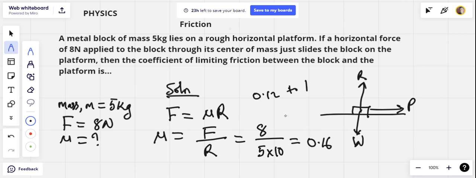If the surface is very rough, the coefficient of friction will lie around 0.9 or 0.8. But if the surface is not that rough, it will lie between 0.1 and 0.2. So here the coefficient of friction is small. So the answer to that is 0.16.